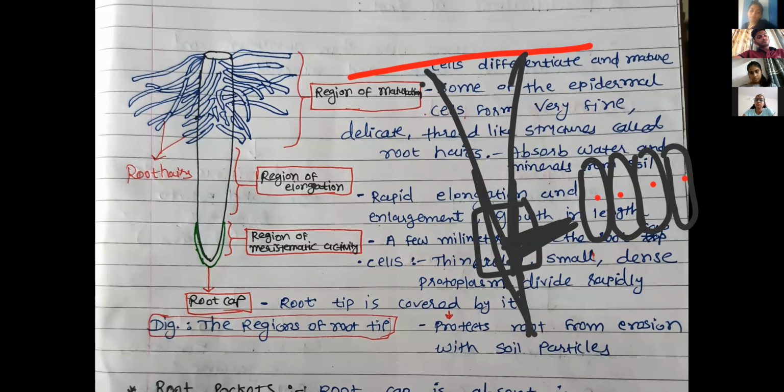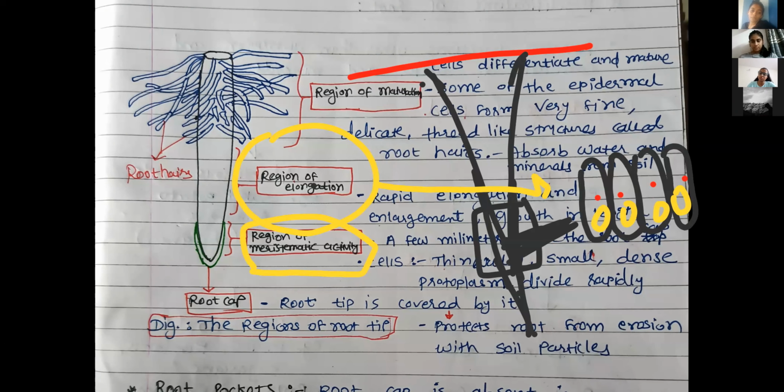Now over here vacuoles are formed. And this zone we call the region of elongation. So at the tip, first the region of meristematic activity. New cells which are formed then undergo elongation. Their length increases, right?